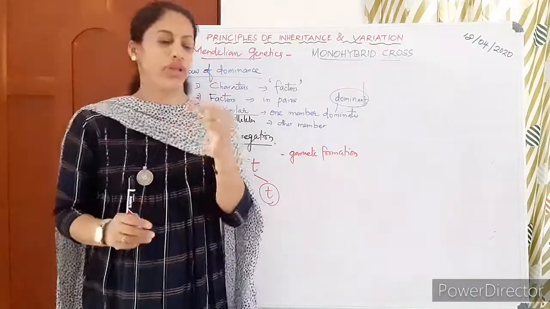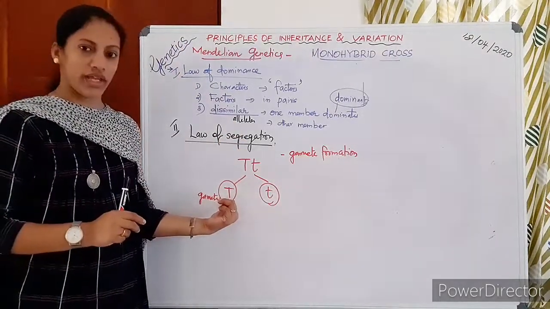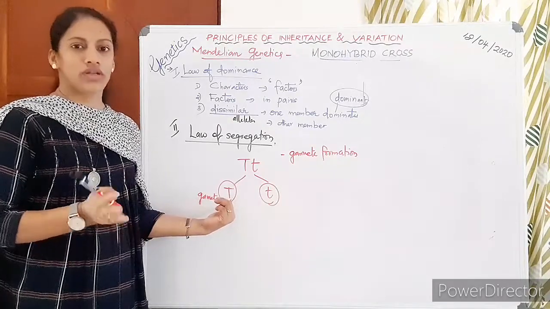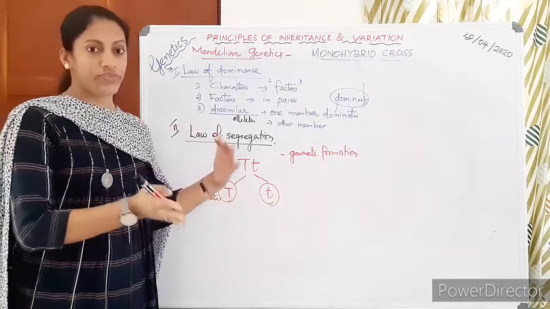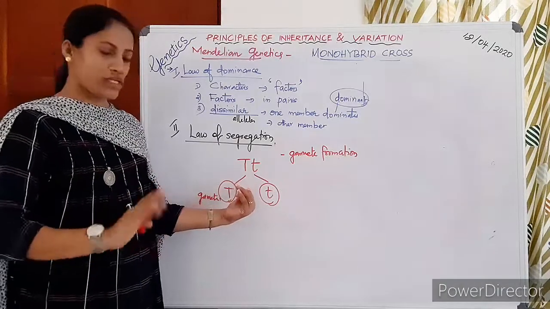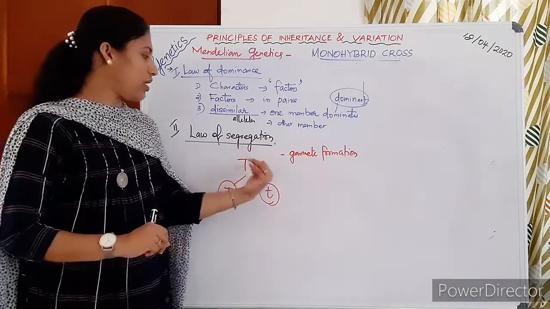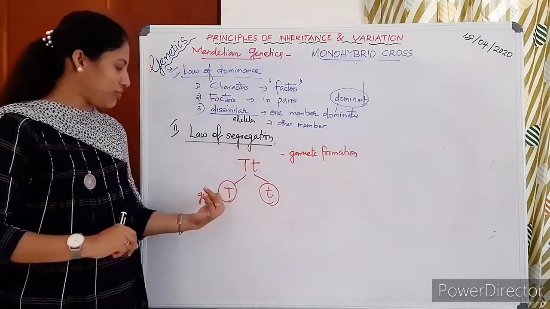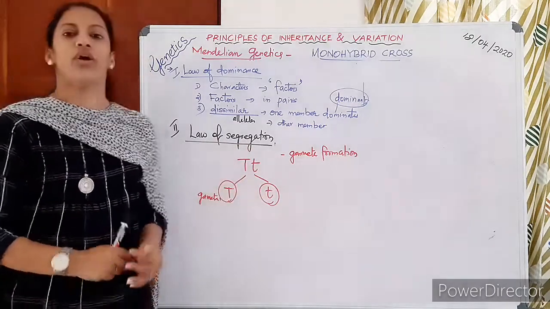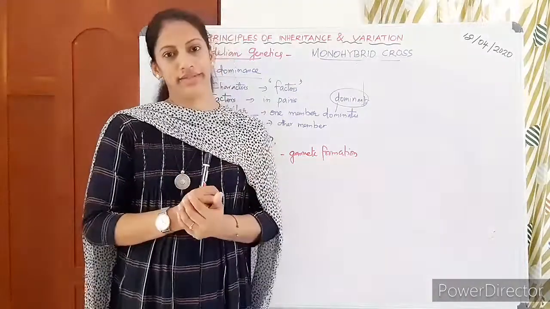Of the 2 members, only one goes to one gamete. The theory behind it is that chromosomes are halved during meiosis, which later we will link up. So this is the law of segregation: during gamete formation, the allelic pair segregates so that a gamete receives only one of the 2 alleles.